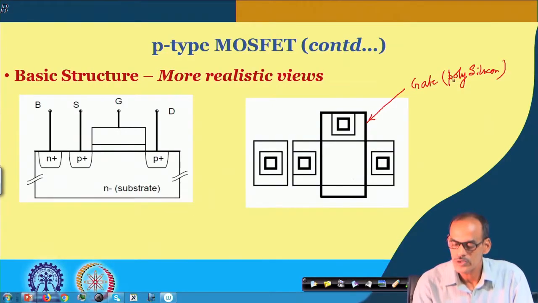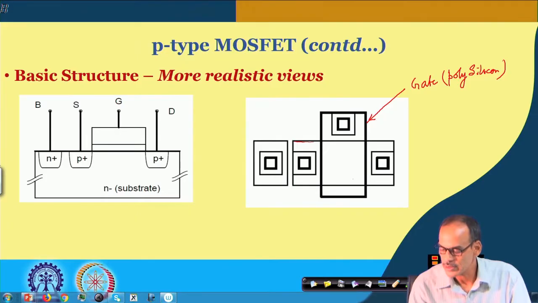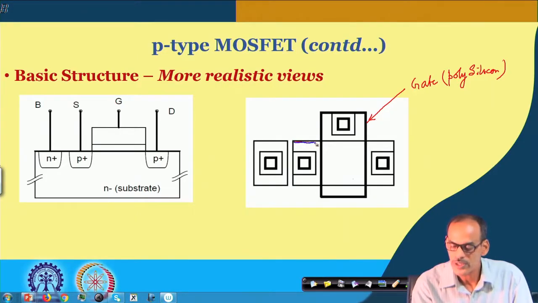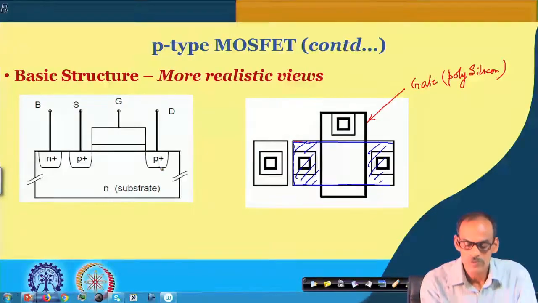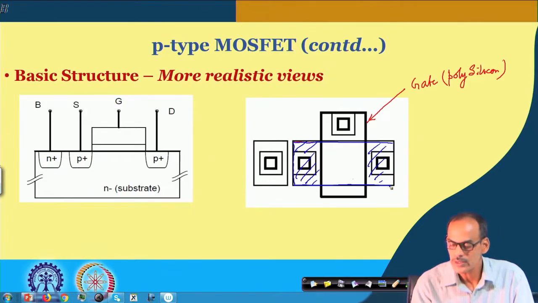And then we have the other rectangle here, which shows the boundary of the diffusion region. In fact, underneath the gate the diffusion is not happening; only this portion has diffusion, and this portion also has diffusion, and those diffusions are basically creating the two P plus islands here.